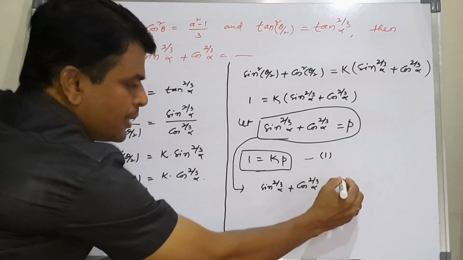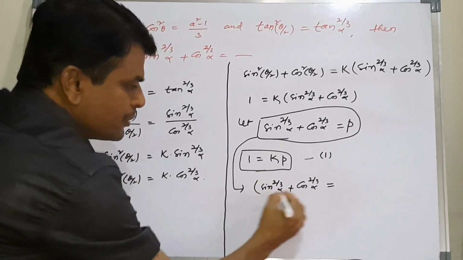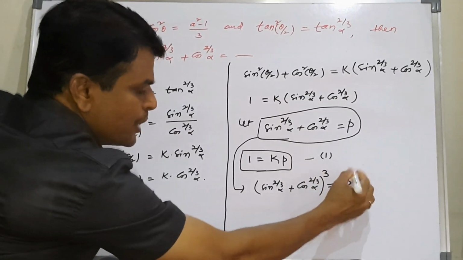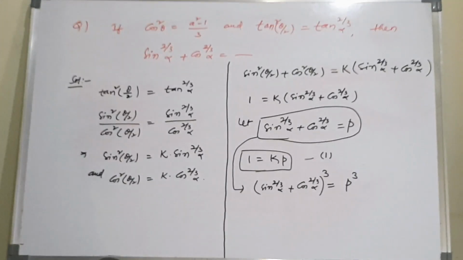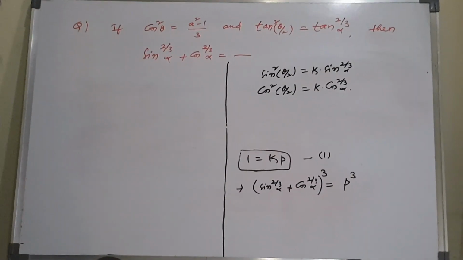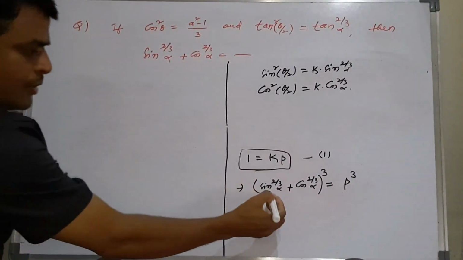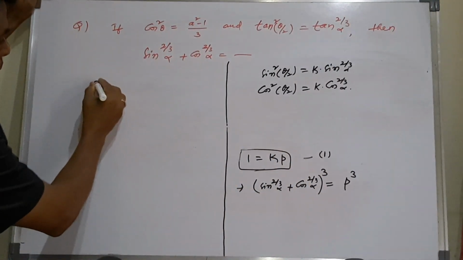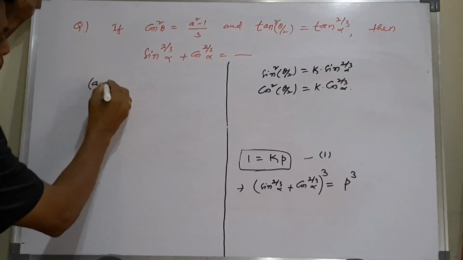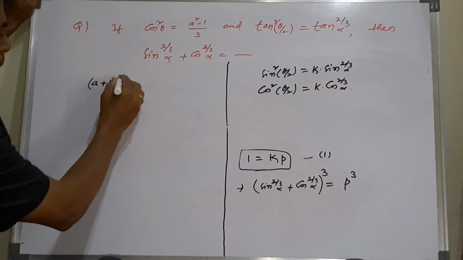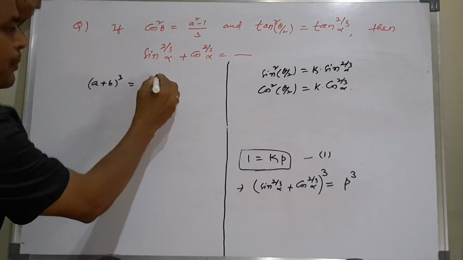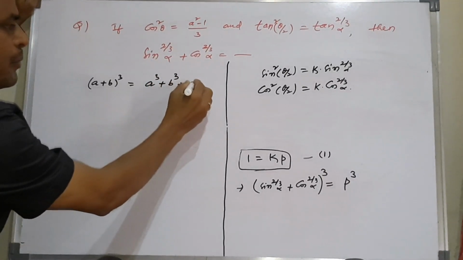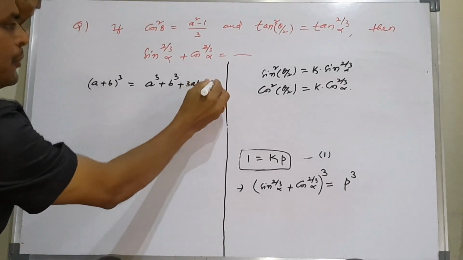If I cube on both sides, whole cube is equal to, I can say, p cube. Now we are using the formula a plus b whole cube. We know the formula of a plus b whole cube, that is a cube plus b cube plus 3ab into a plus b.